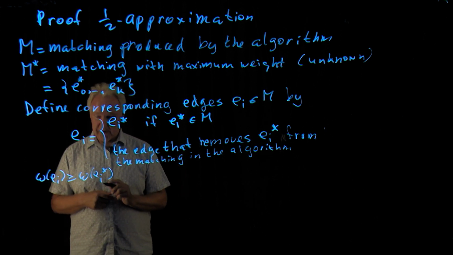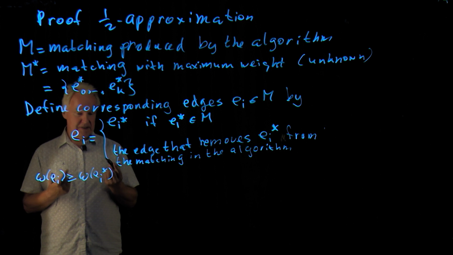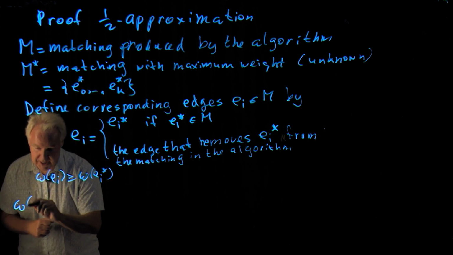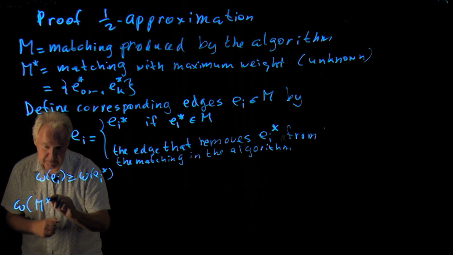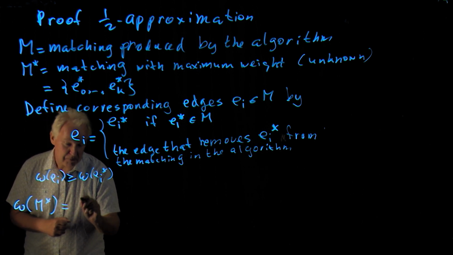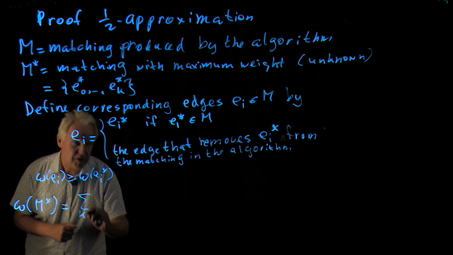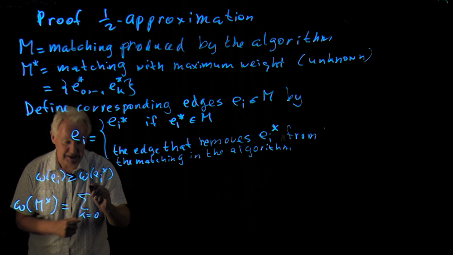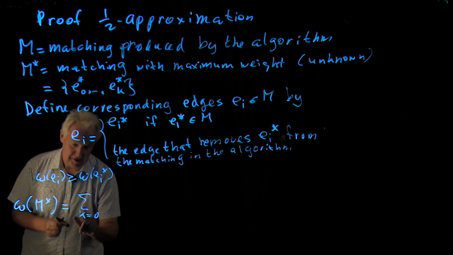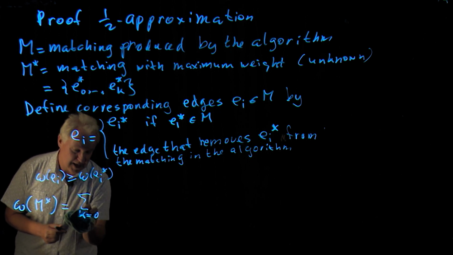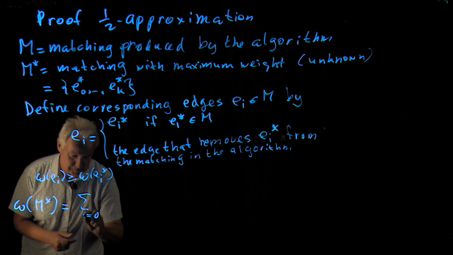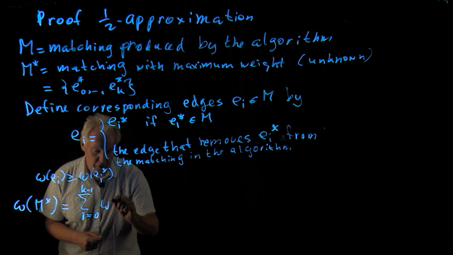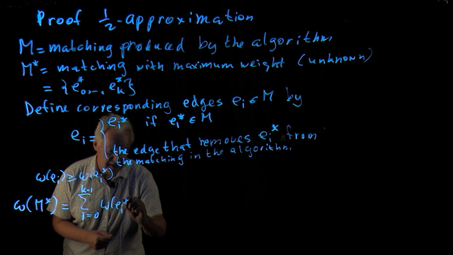And then we can write the weight of our optimal matching, omega of M star, by definition as the sum for i equals 0 to k minus 1 of omega Ei star.